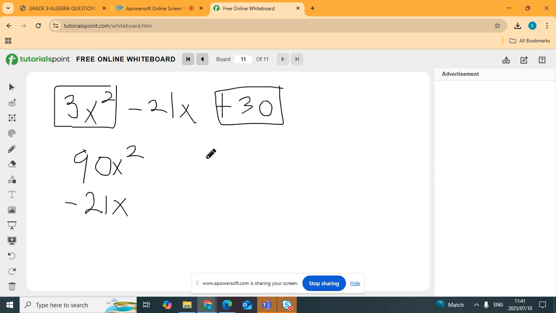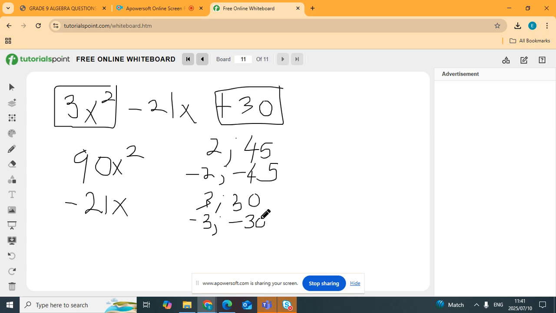Let us do a trial and error. It can be, maybe you can choose 2 and 45, or minus 2 and minus 45, but definitely when you add them, you don't get minus 21. You can choose 3 and 30, as well as minus 3 and minus 30, but when you add them, you don't get minus 21. So let us continue going.